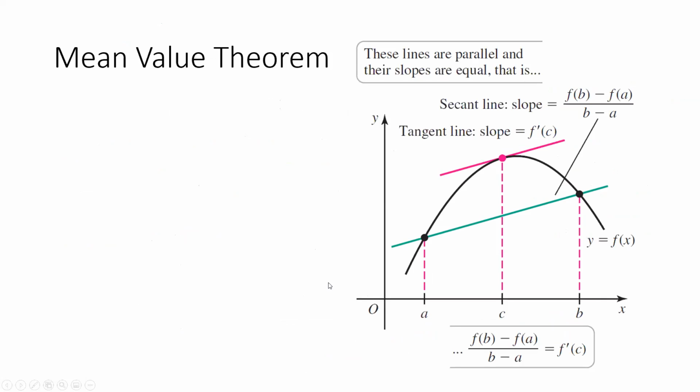To kind of transition now to the mean value theorem, which says something a little bit more general, we'll look at the picture here first before we actually write out the statement of it to help us picture it.